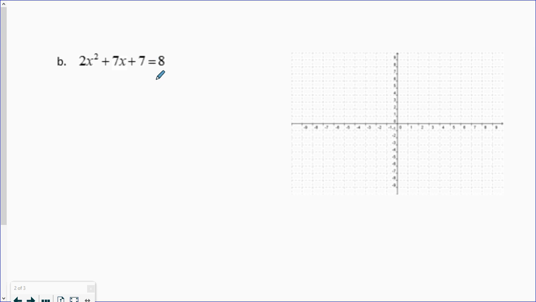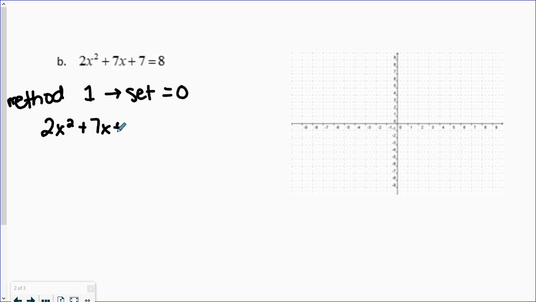So just to recap, from our lesson solving quadratic equations graphically, we could have done method 1, and so that's set equal to 0, so subtracting 8 from both sides. 2x squared plus 7x minus 1 equals 0.